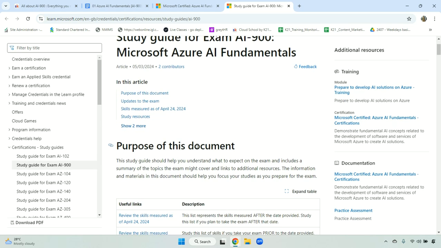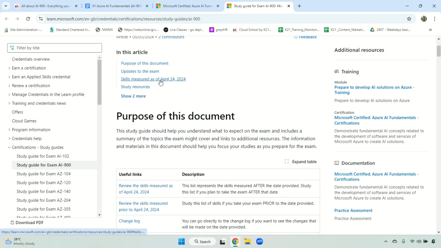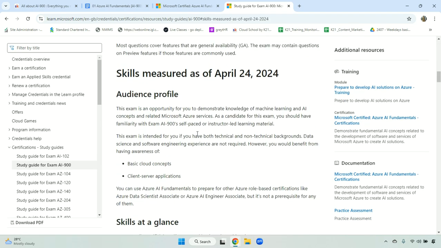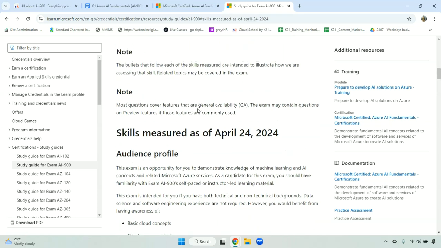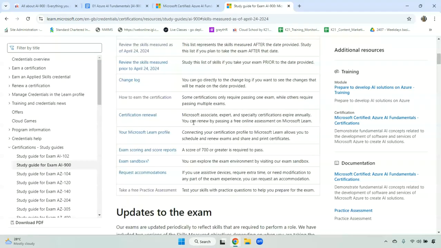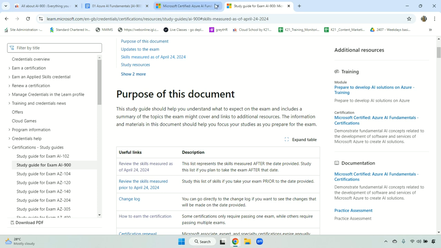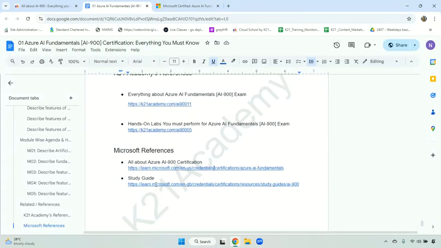When you open the study guide, it gives you a very good idea about what changes have been proposed and what skills are measured as of April 24. If there is any update, it will be added to that section. You can go through these things on the Microsoft site also. If you want to go through the study guide which I showed you right now, the same thing we have added over here as well for your reference.